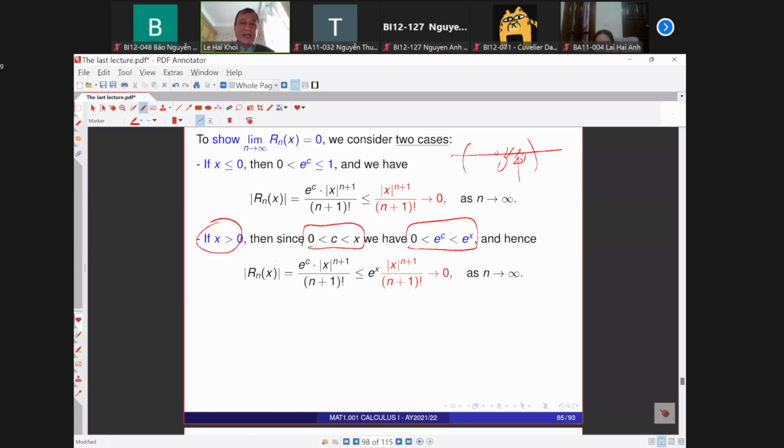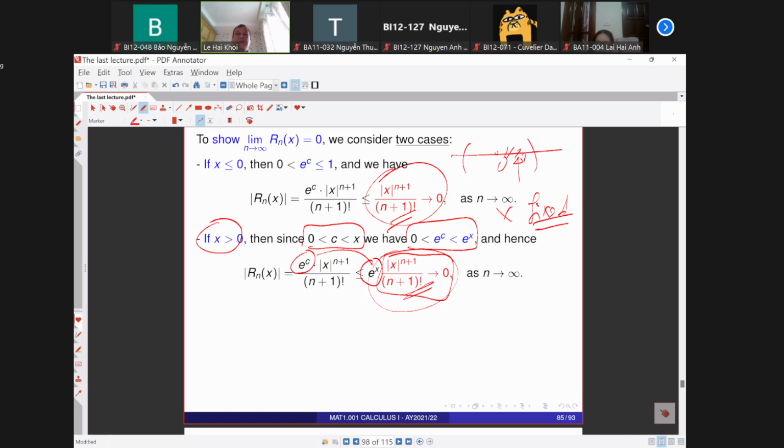In this case, you get e^c less than or equal to e^x, and that one again tends to 0 as n tends to infinity. Các em chú ý là cả hai cái này x là fix, mà chúng ta nhìn vào n, cho nên là nó mới tiến đến 0. Đấy, với mỗi một x như thế thì chúng ta nhìn vào đó.